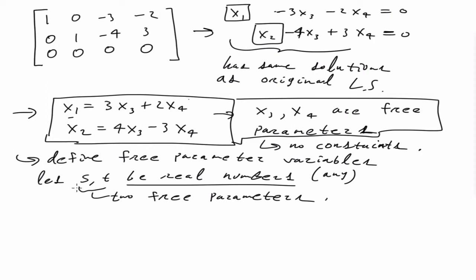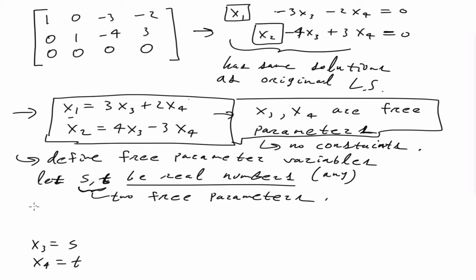But I'm going to go a step further here. If we come up with these artificial parameters, s and t, it turns out we can clarify a bit more about what the solution looks like. We say that x3 is going to be equal to s, and x4 is going to be equal to t.